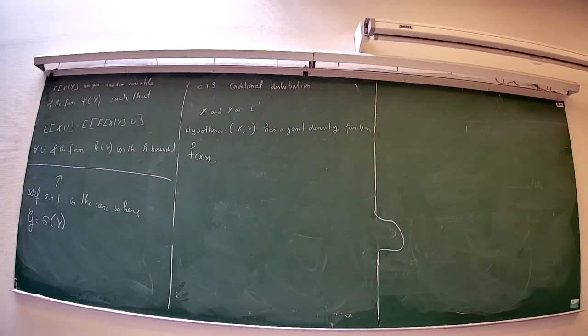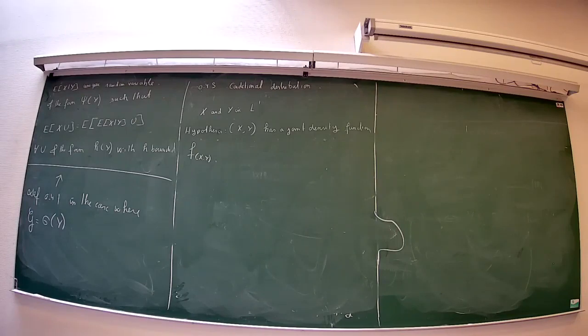So first of all, what can you say about x and y if the pair has a joint density function? What can you deduce for x and y?